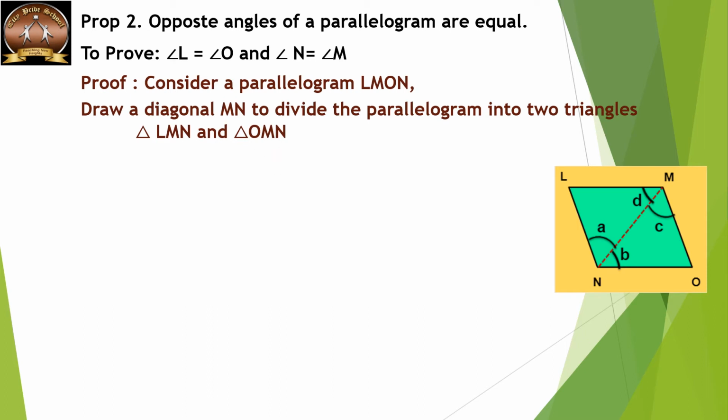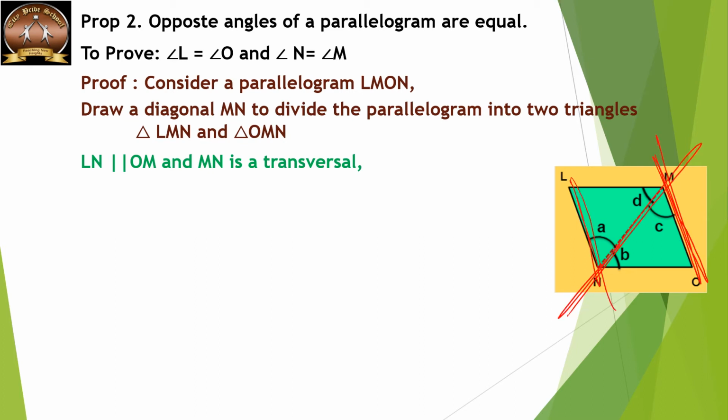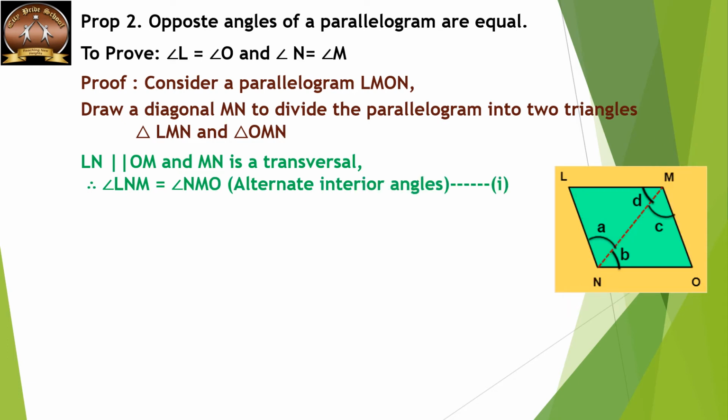We know that LN is parallel to MO, and we know that MN is the transversal. So which two triangles' angles are congruent? This angle will be equal to this angle, alternate interior angles. So we know that angle LNM will be equal to NMO, alternate interior angles. So one element is shown. Let us show the second element.